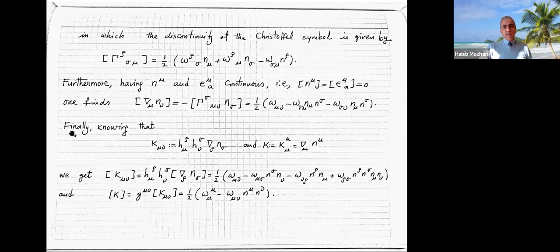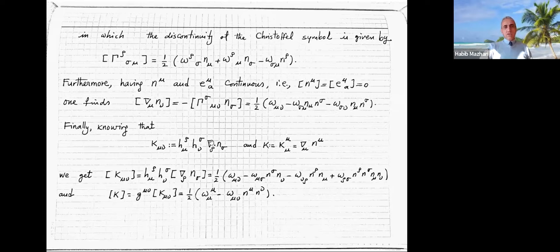And finally, we know the second fundamental form, or the extrinsic curvature, in terms of the normal vector to the hypersurface given here. In the next page, I give you a review of these formulas, which can be helpful.